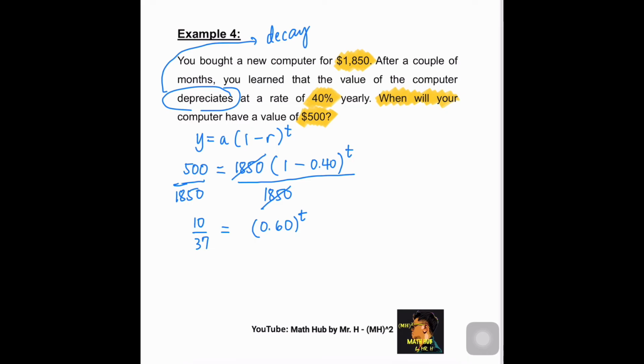There you go. Now, from here, this is when the property or the concept of logarithm kicks in. So basically, don't get stuck at this stage. So there's the concept of log can be applied in here. So we need to take the log of both sides.